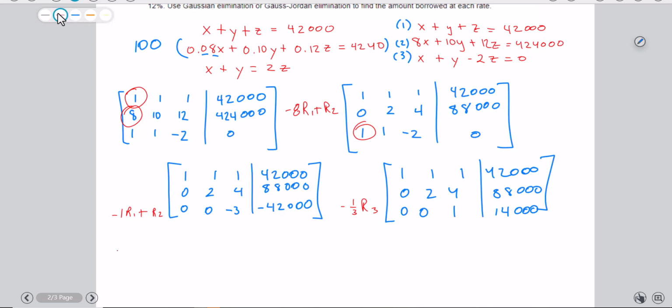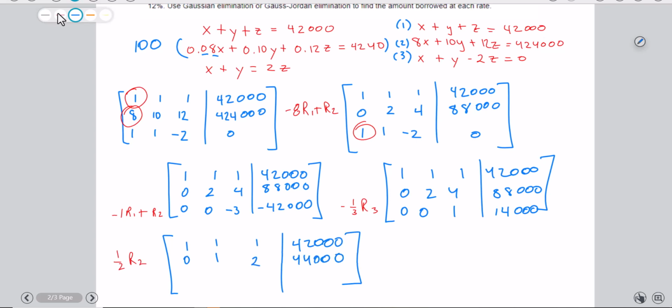So I'm going to do 1/2 of row 2. Wasn't necessary, but I just like to have the smaller numbers. And so I'm just dividing everything by 2. So 1, 2, 44,000, and again my z is solved, 14,000.